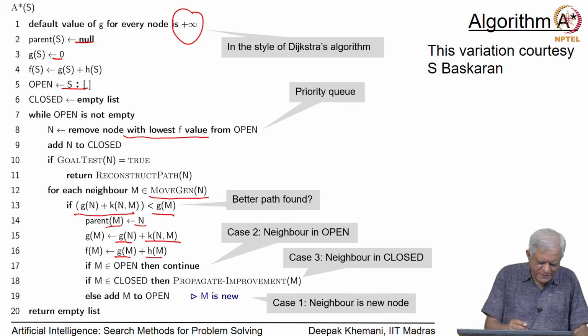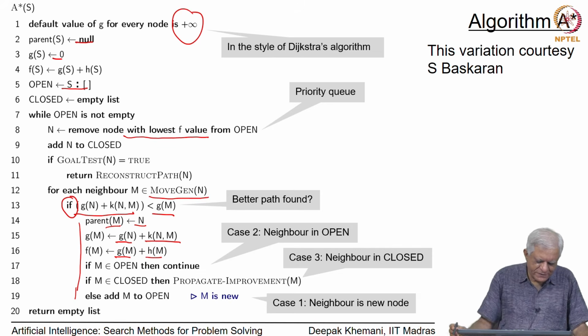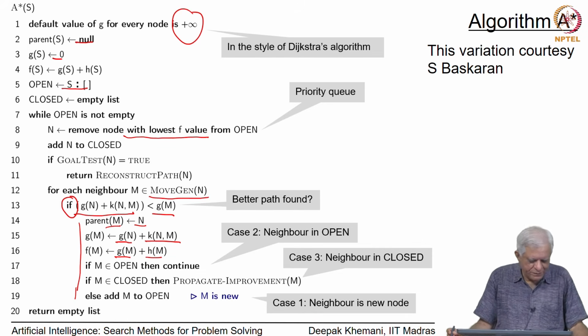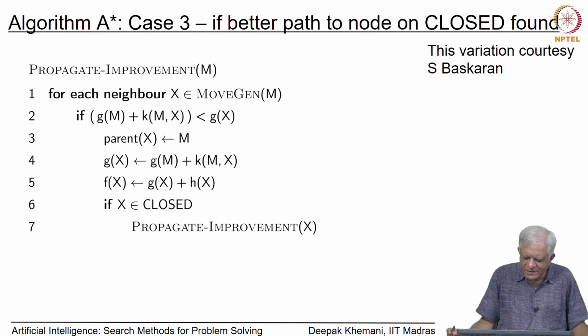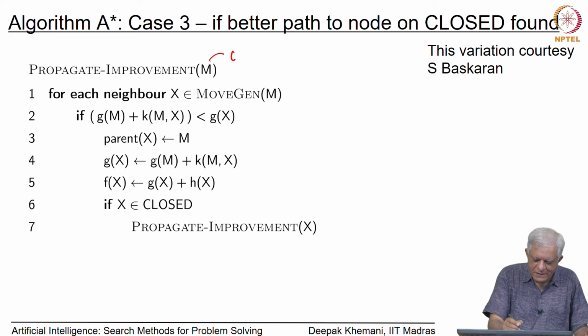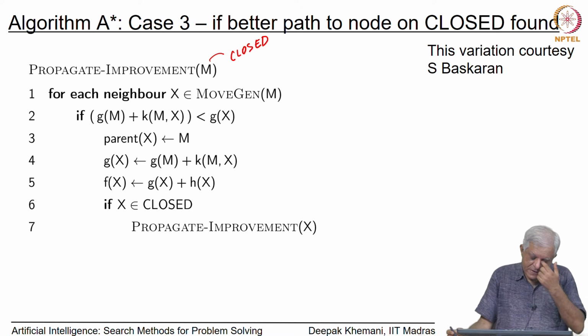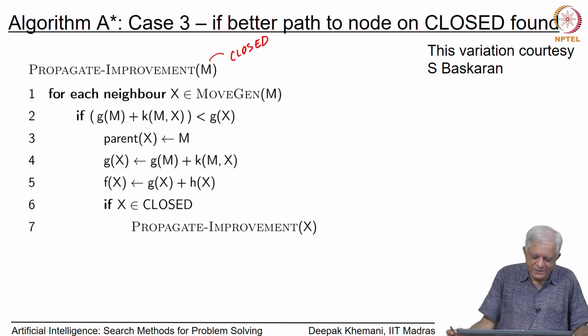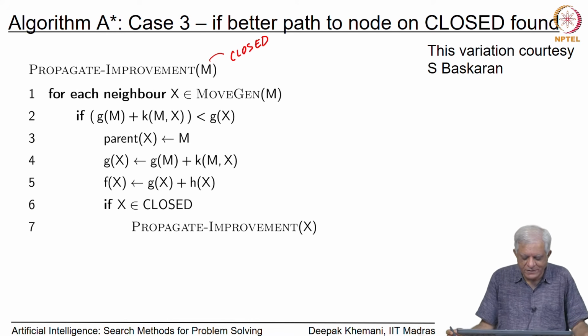Remember that all this is happening in the case when this if condition is true. So, what is this propagation doing? M is a node that is on closed, and we have found a better path to this, and now we want to propagate the improvement in the cost.